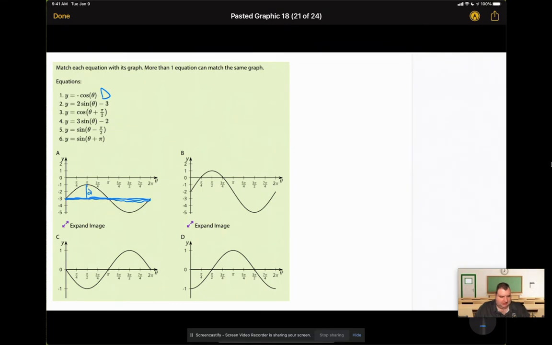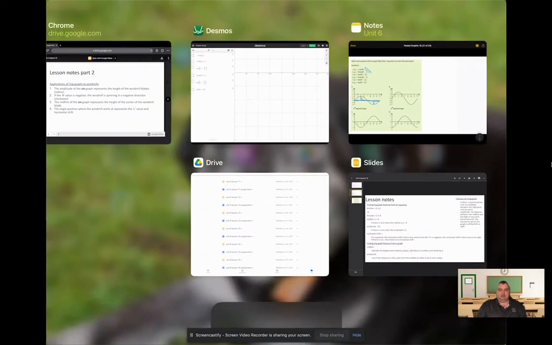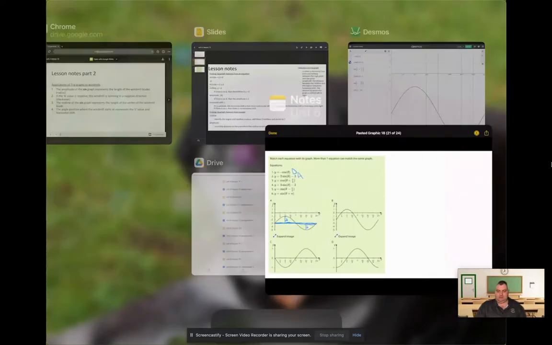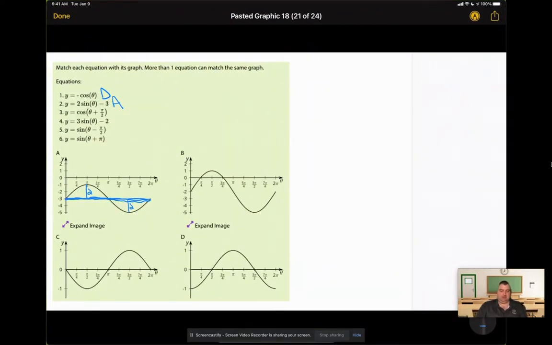So that does have a distance of 2, which means the answer to number 2 is going to be A. And if we double check that on Desmos, so here's the graph for number 2, we can see it does indeed match up with graph of A.